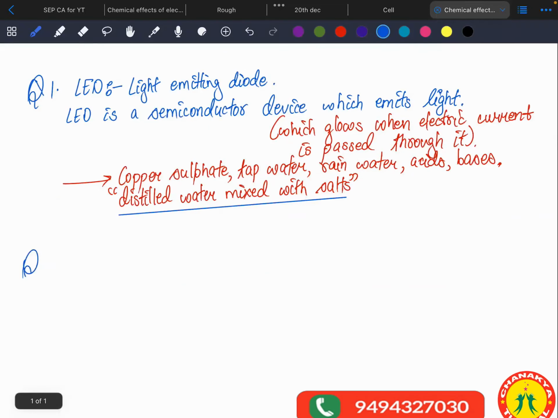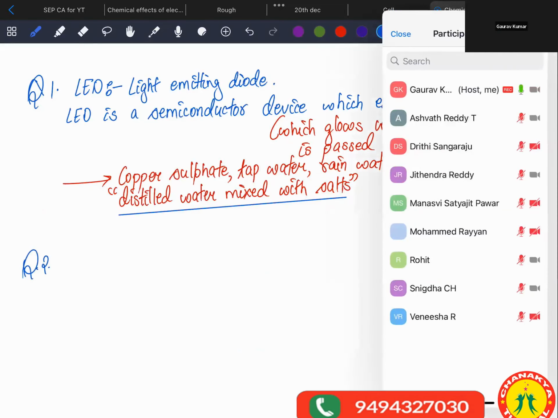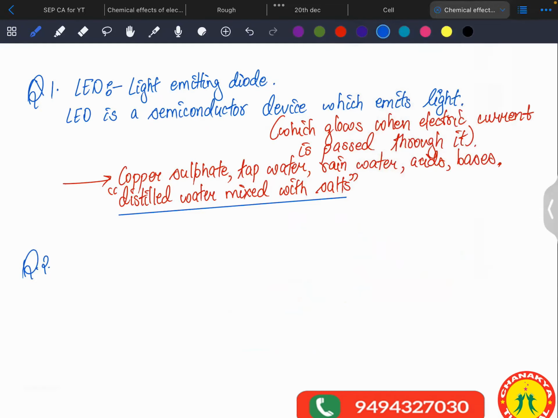Dhriti, can you tell what a tester is? Sir, a tester is an object that tests whether electric current is passed through the circuit or not. Okay, very good.